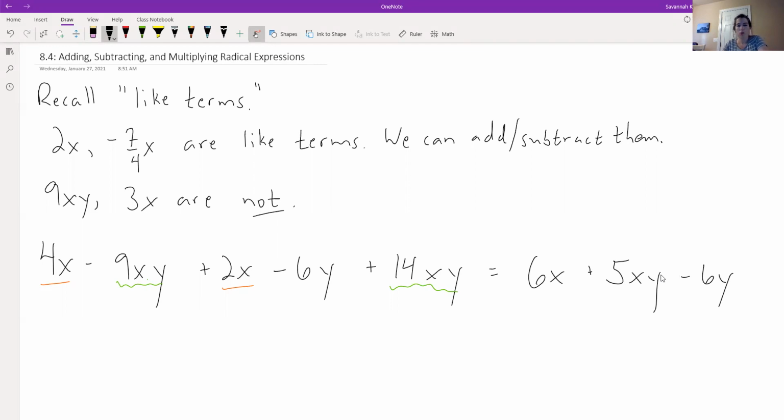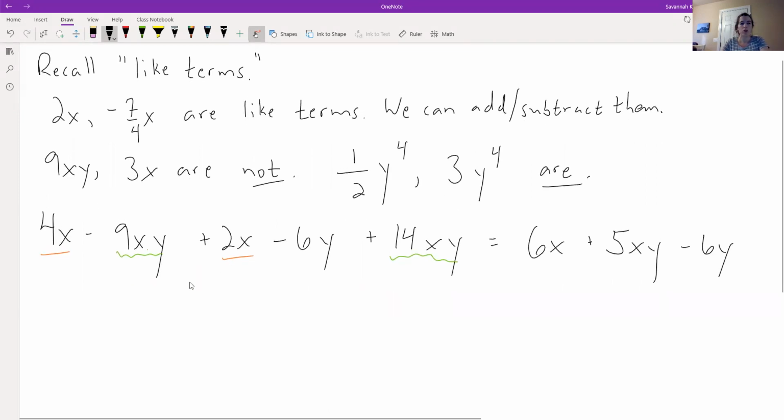So a little review on like terms. Let me put one with powers here. Okay. So something where you've got matching y to the fourths, those are like terms.